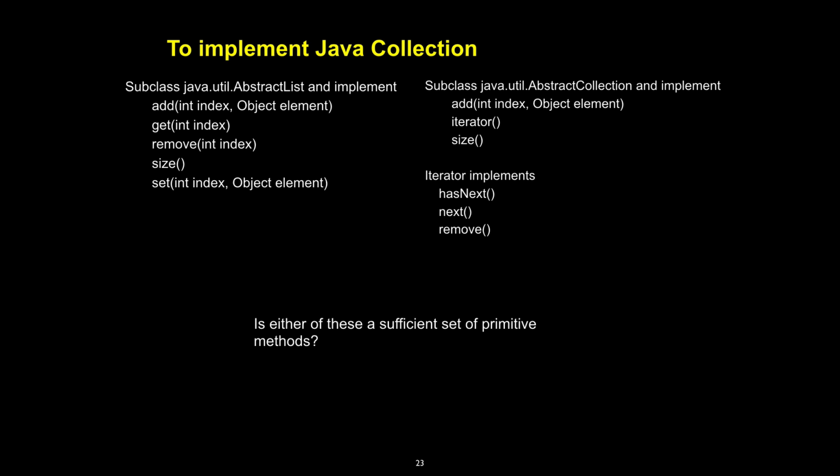So what does all this mean? We go to Java. To implement an abstract list, I only have to implement those five methods. That's it. Given those methods, all the rest follow.